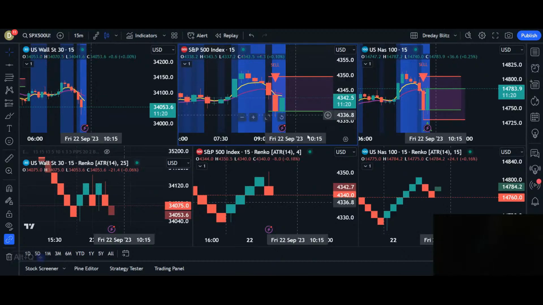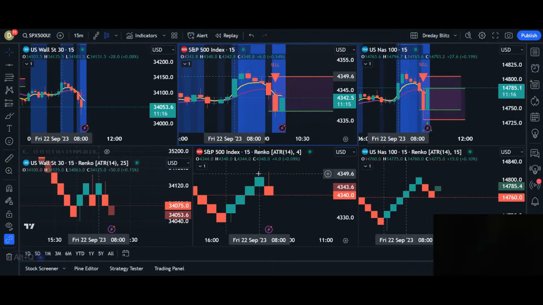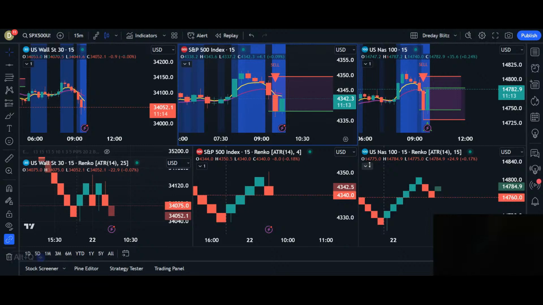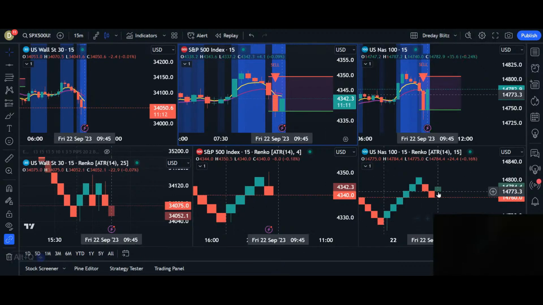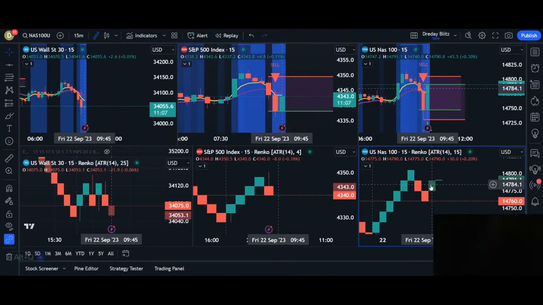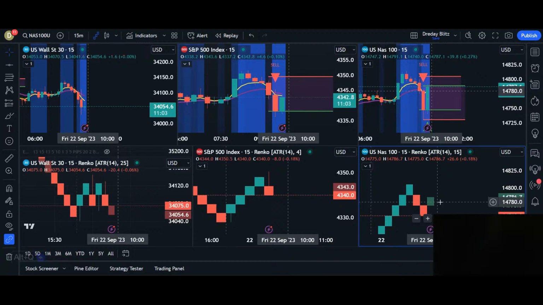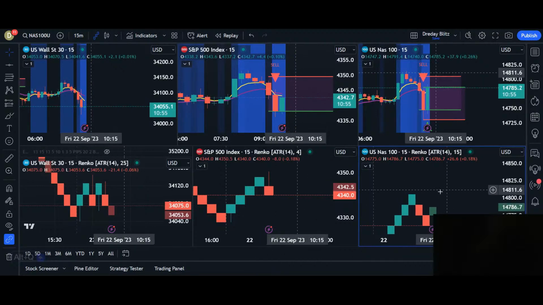If we're looking at the Renko bars right now, the Renko bar is still showing a bearish movement. It's starting to create a bullish Renko bar, right here. When this bullish Renko bar is fully closed, that will confirm a reversal in the market.